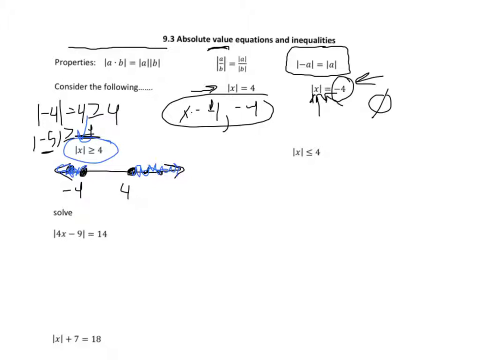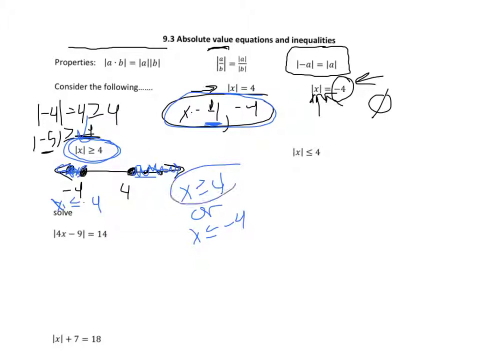This works out to be two things. It's either this piece, which is x is greater than or equal to 4, or x is less than or equal to negative 4. So just like with this equation up here, there's a positive case, that's this right here, and there's a negative case, that's this piece right here.